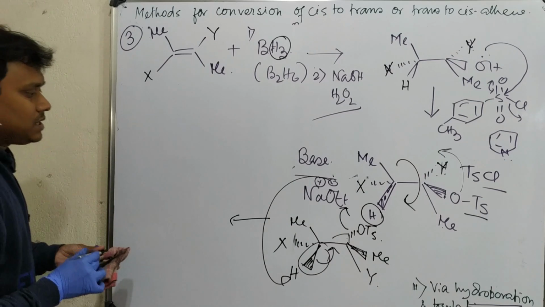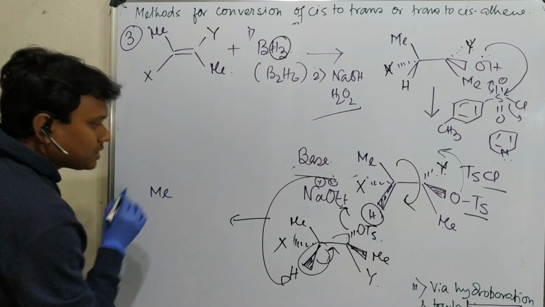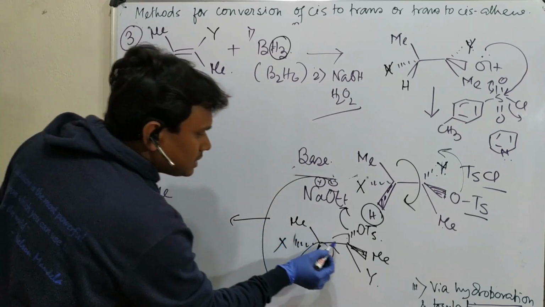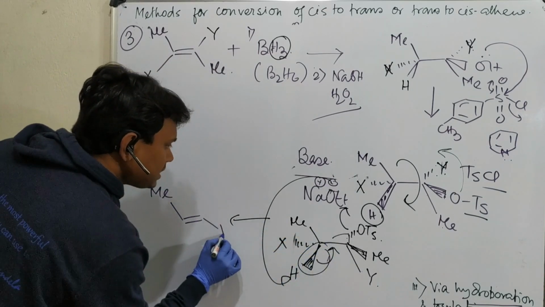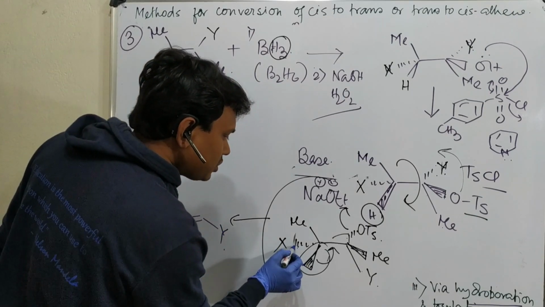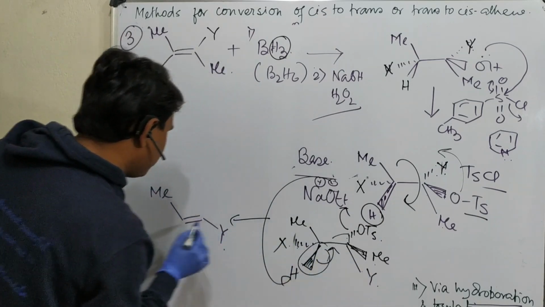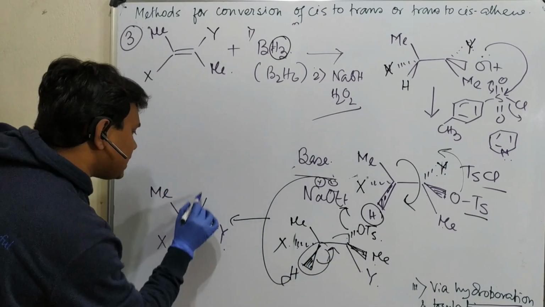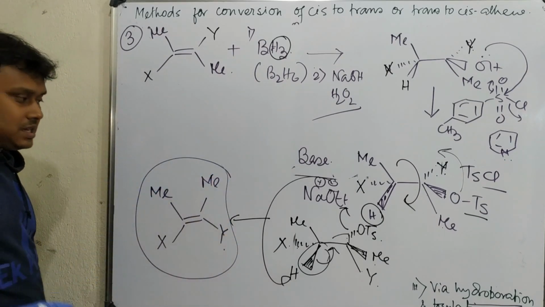Fine. So what is the consequence? The consequence is an alkene formation with this methyl and Y in anti. And this X, because X is below and methyl is above, X and methyl are in anti. You get it? How I am saying?